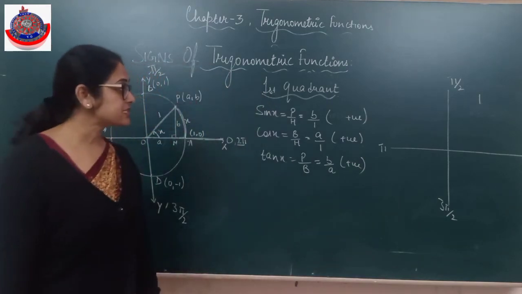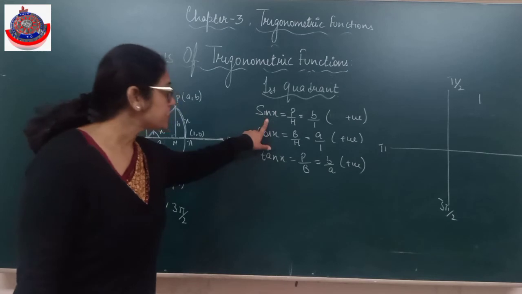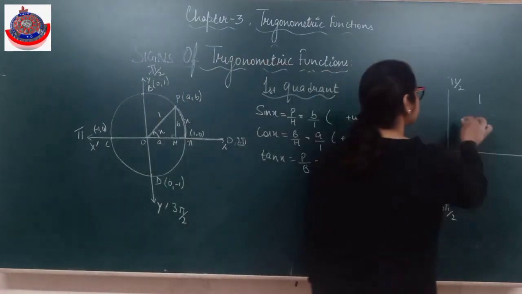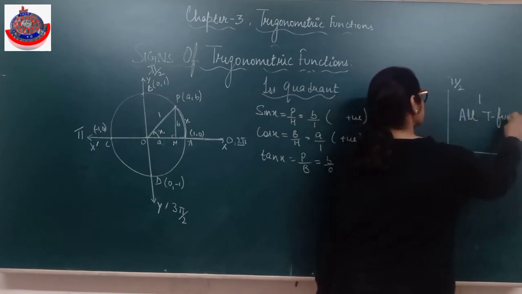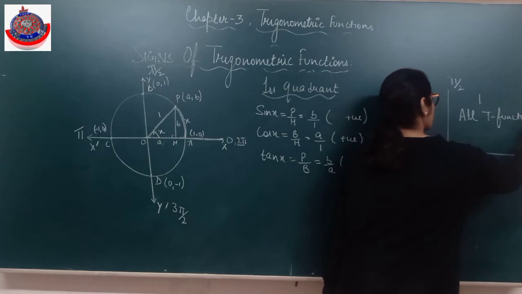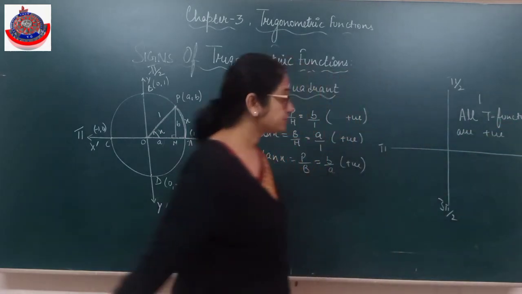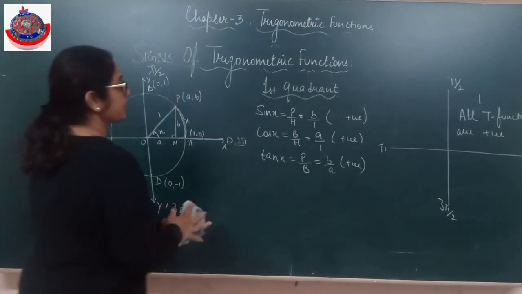That means in first quadrant, sine, cos, tan, all 3 are positive. If these 3 are positive, cosecant is also positive, secant is also positive, and cot is also positive. That means in the first quadrant, all the t functions are positive. Alright? Clear, children? Let's talk about the second quadrant now.